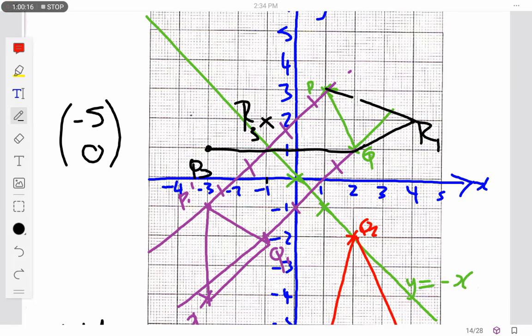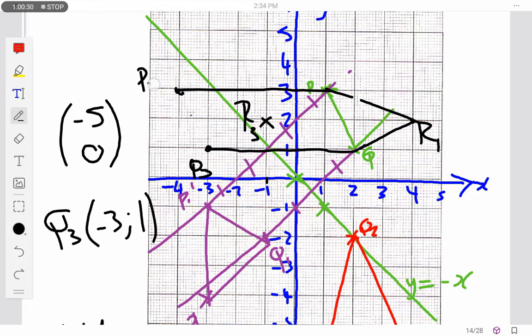The coordinate of Q3 is equal to minus 3 and 1. Then for our P, minus 1, minus 2, minus 3, minus 4, minus 5. So it's going to be here, P3. So P3 is equal to minus 4 and 3. So these are the coordinates there. Okay, so we are done with that question. That's how we do it.